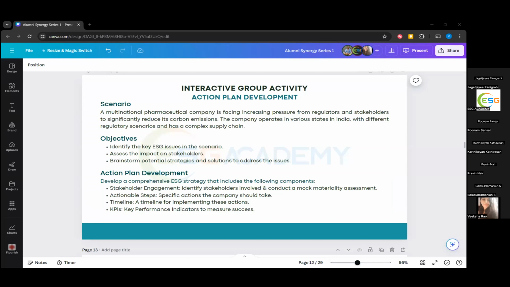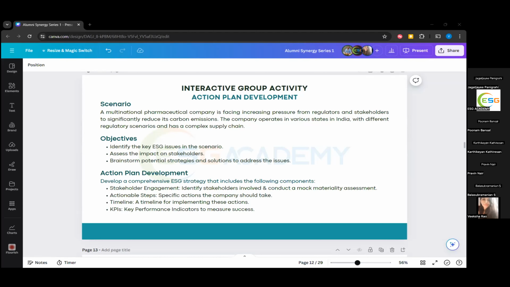This company is operating in several states. It's a pharmaceutical manufacturing company, and it obviously has a very complex supply chain. If you need any further information to understand like revenue, employee size, and manufacturing, I can give you that as well. But first, let's try to understand the objective of the activity.